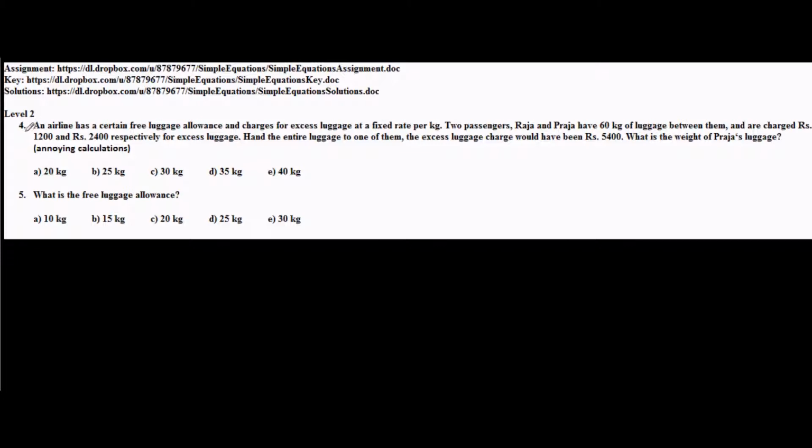Now comes a level 2 problem, which is problem number 4 and 5 of the level 2. Let's read it out. An airline has a certain free luggage allowance and charges for excess luggage at a fixed rate per kg. So they have not given us anything, free luggage allowance or charges for excess luggage.